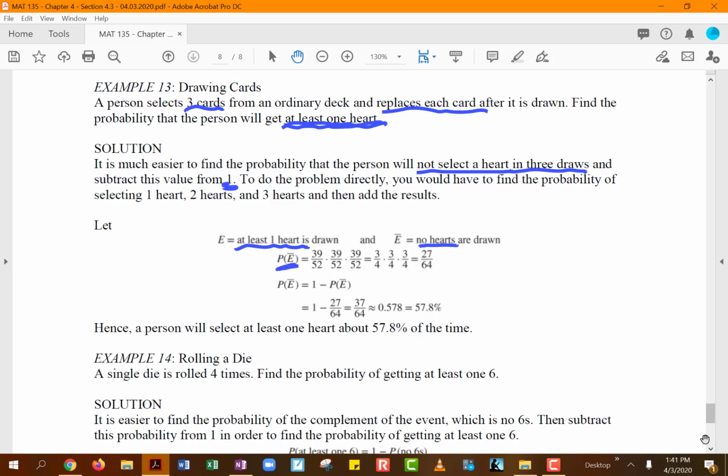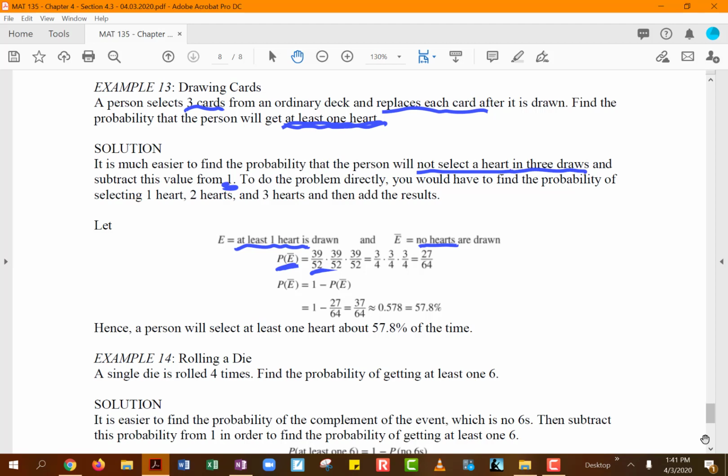Remember there are 13 hearts in a deck of cards, right? Because that's your suit. So you are doing 52 minus 13, which gives you 39. So the probability that we do not draw a heart would be all the other cards except those 13, right? And since we are replacing the cards back in our deck, that's going to be 39 out of 52 for the first card.